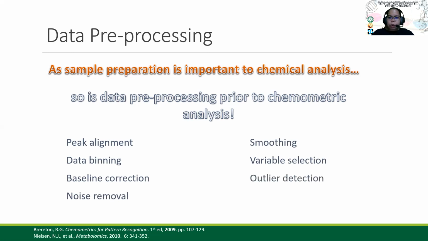You can also do some initial outlier detection, but you can also have this outlier detection during the chemometric analysis part as well. But if you already know that there are some samples that can be outright rejected in the pre-processing step, then you can also do so.